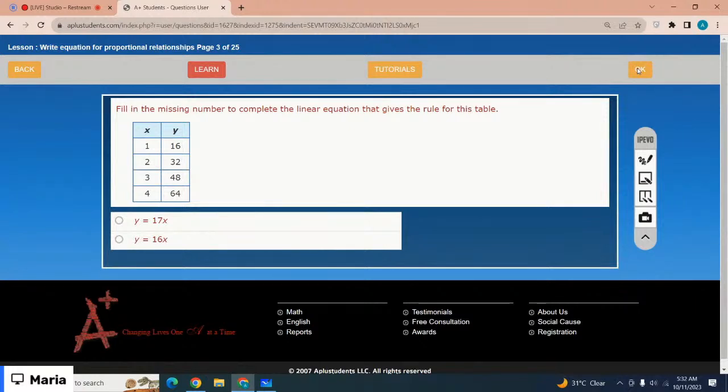Fill in the missing number to complete the linear equation. Which is the correct option? Yes, so the equation is y equals 16x, right?